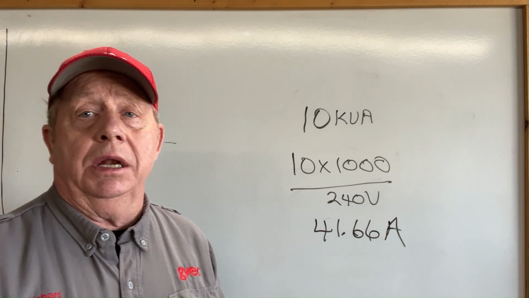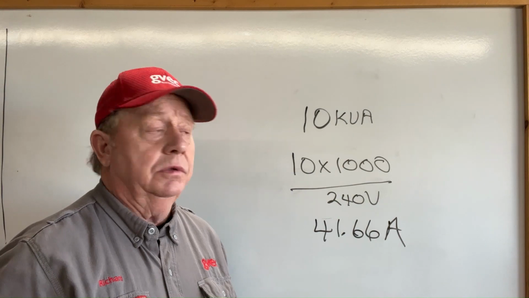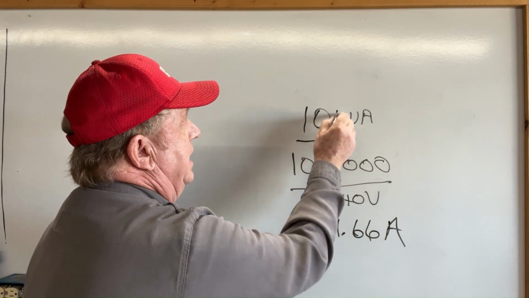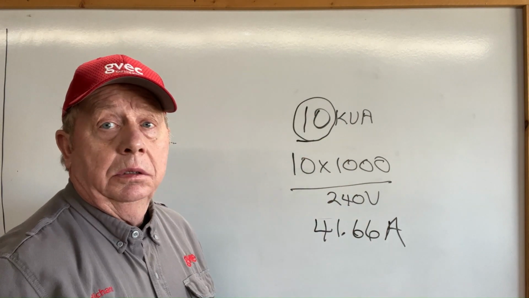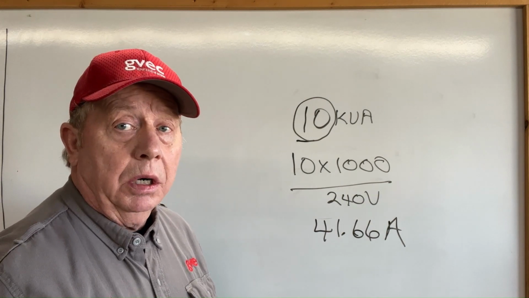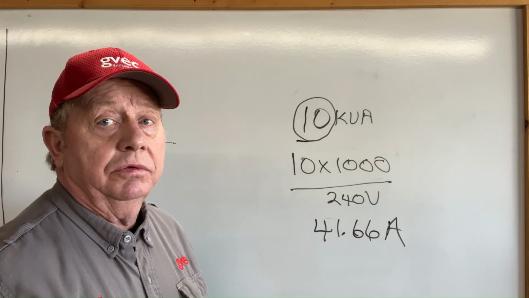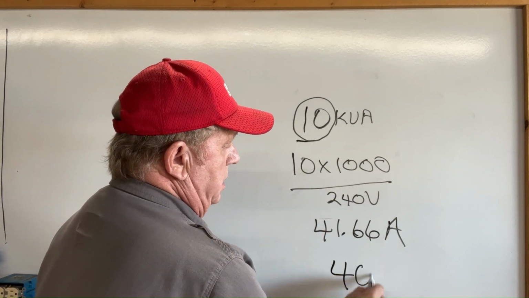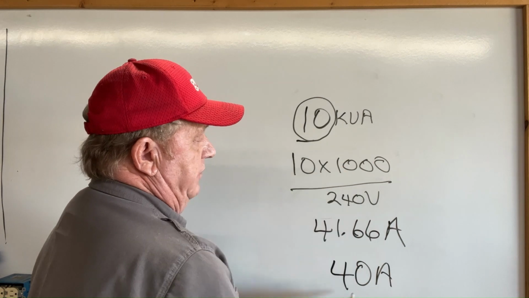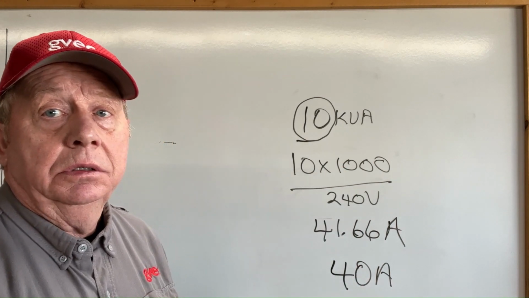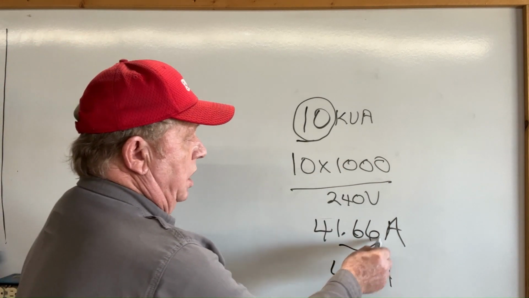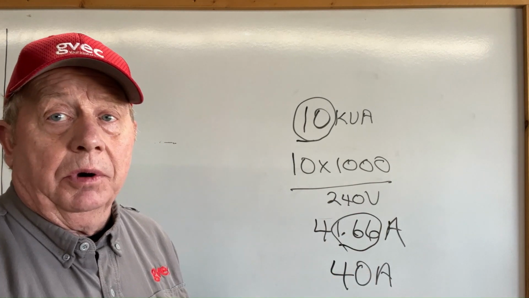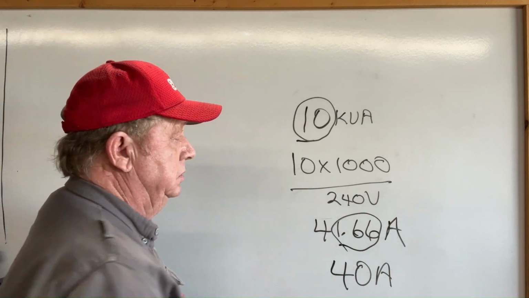Now, the shortcut that we teach is take your kVA number, multiply it by 4 at 240 volts, 250 volts, and the answer will be 40 amps. 10 kVA, 40 amps. And if this 1.66 is the deal breaker, you have other problems.